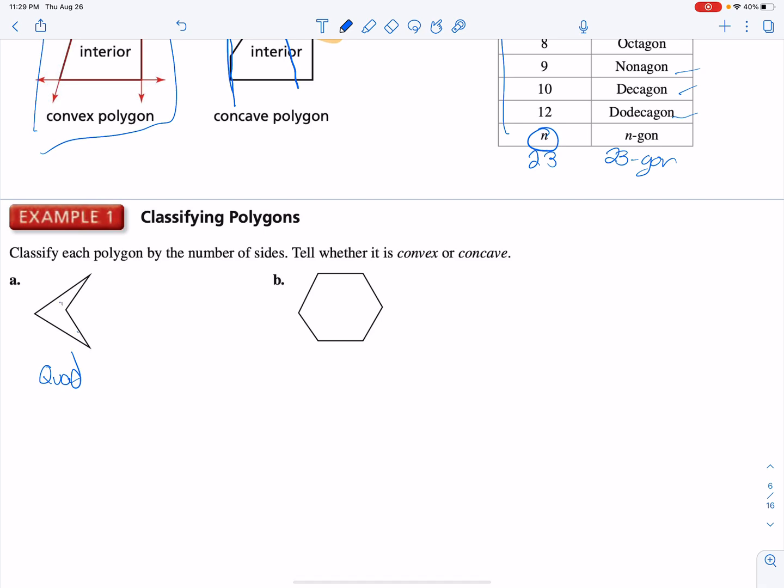Notice you can extend either of these 2 lines over here and it will cut through your shape, so it's concave. Okay, on the right here, we have no ability to cut through if we extend all those lines, and we have a 6-sided shape. And so we can see that's a hexagon, and it's convex.